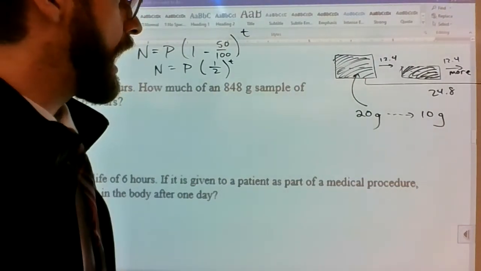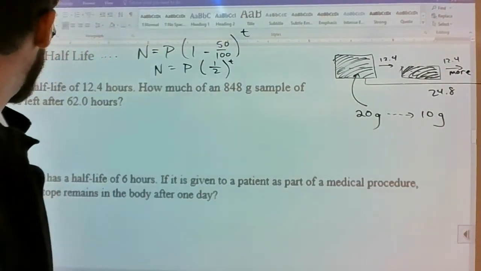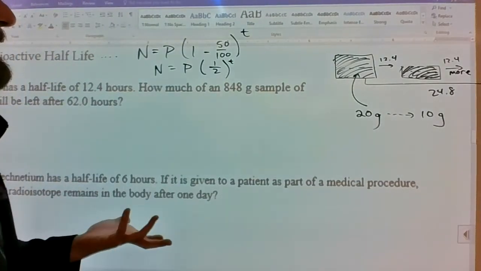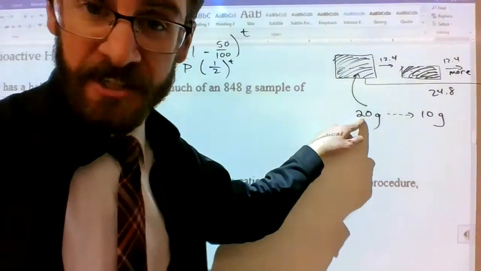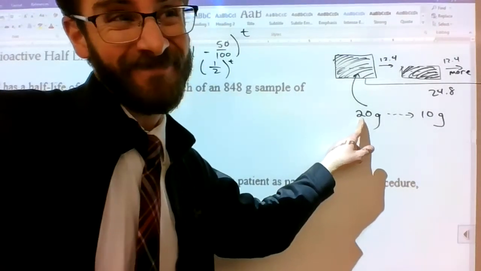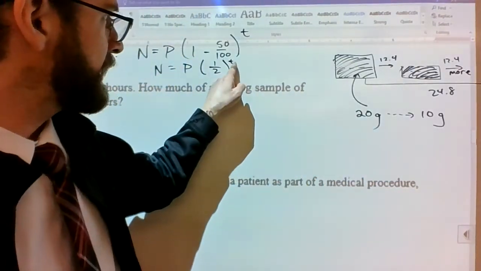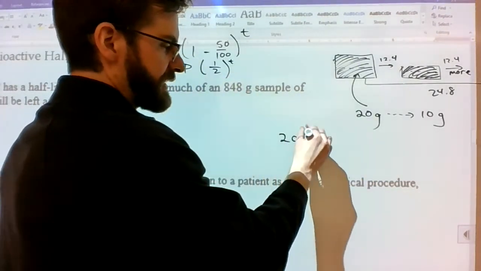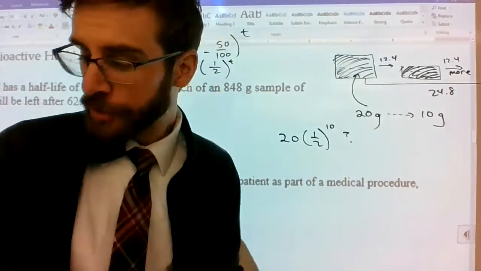Now, I've got to take into account the fact that if I said how much of this substance remains after 10 hours, if all I did was plug in 20 times a half to the 10th power, here's what I would get.